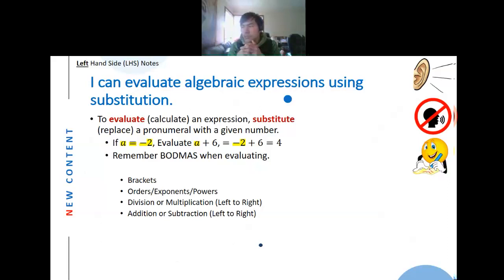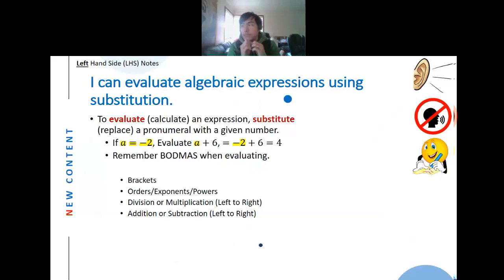Okay, so I've got an example here. Let's say that a is equal to -2. So the value of the letter a is -2. And it's asked to evaluate a plus 6. So basically what it means is that instead of the letter a, use -2.